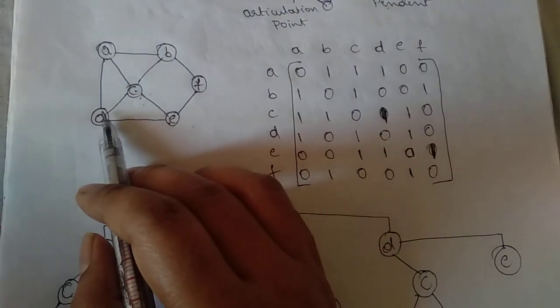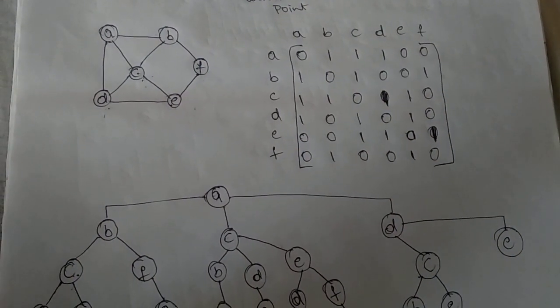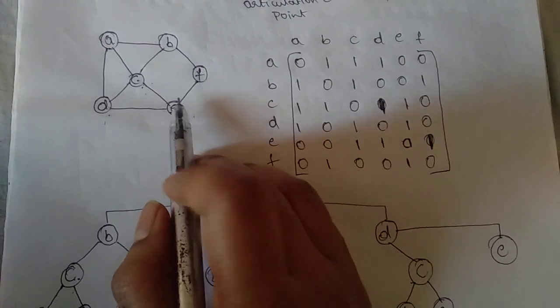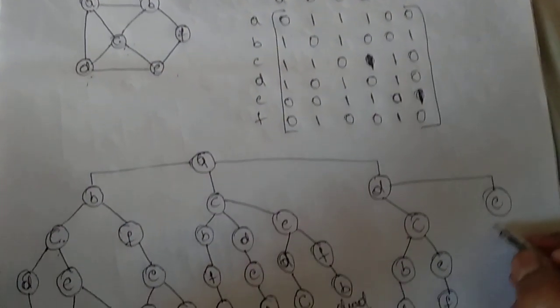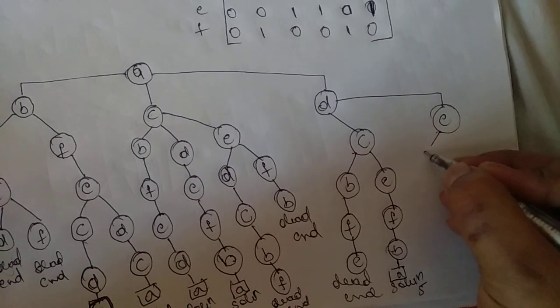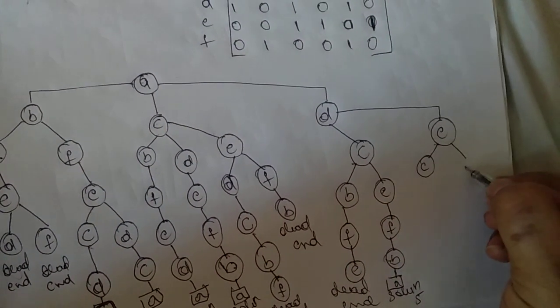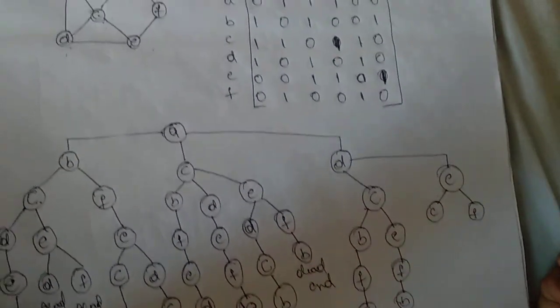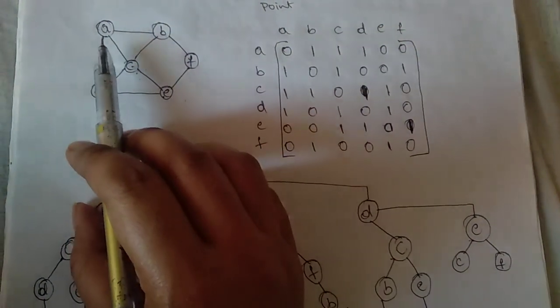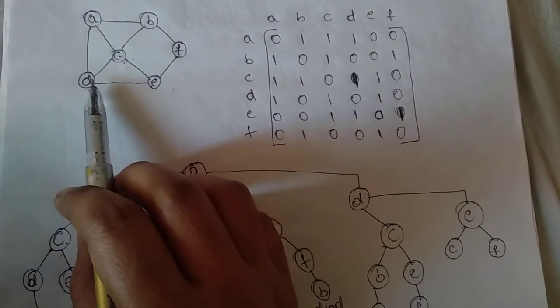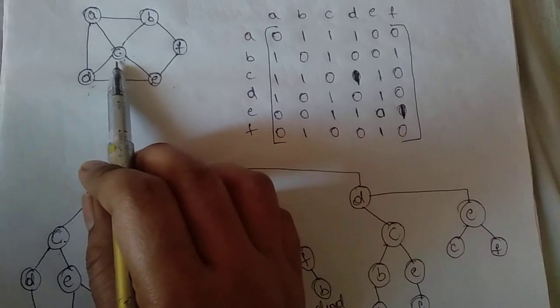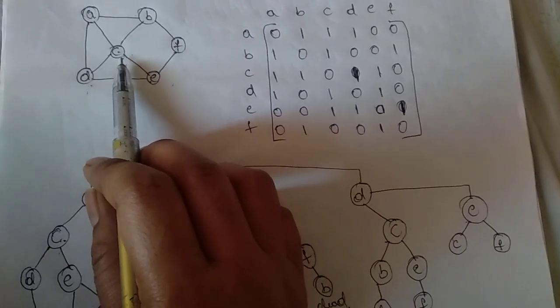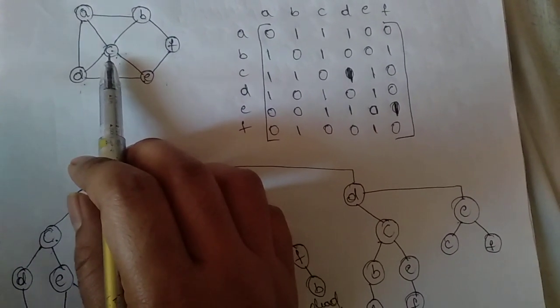Okay, next from A to D, D to E if I go. From E, you can go either to C or F. I'll come here: A to D, D to E, E to C. From C, where can I go?